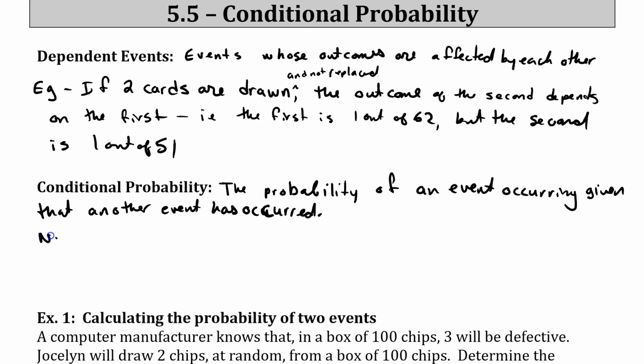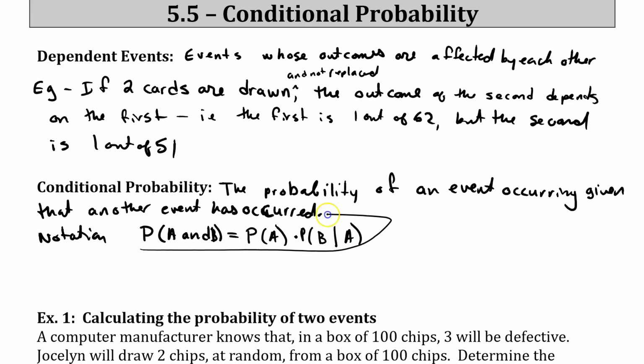So the notation: what's the probability of A and B occurring? It is equal to the probability of A times the probability of B given A.